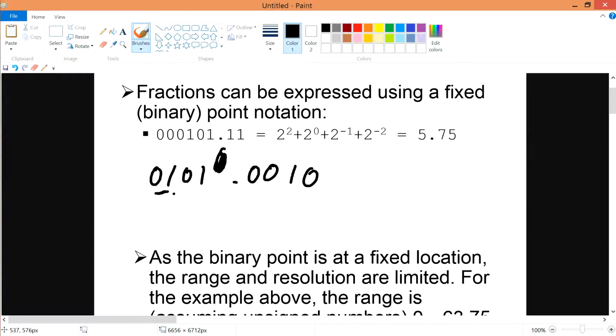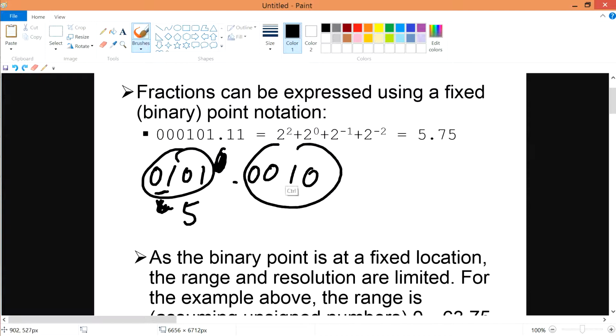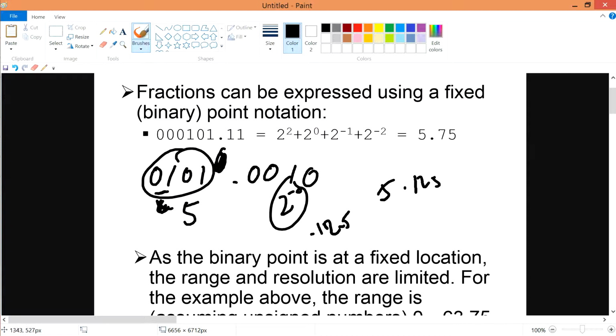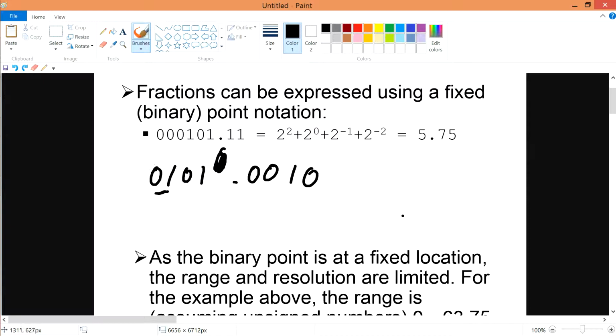This is 2 squared which is 4, 4 plus 1 is 5, so 5 over here is for the whole number. The fractional bit here is 2 to the power of negative 3, which is 0.125. Together you have 5.125, so the closest you can get is actually 0.125.